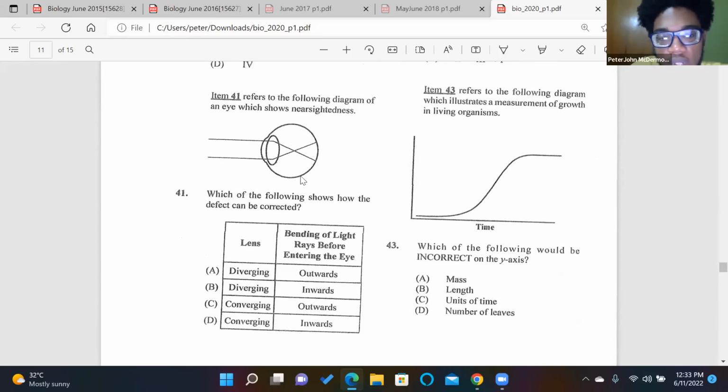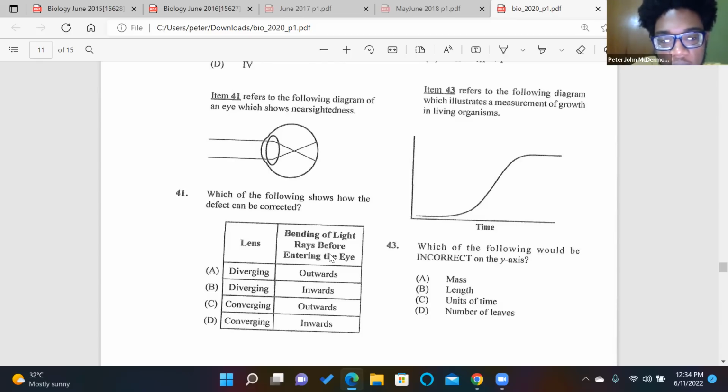What does this person have? What's their problem? Are they myopic or are they hypermetropic? Oh, it says it. They're nearsighted, so they're myopic. How do you fix nearsightedness? Divergent. Diverging, you sure it's not converging? You're correct. Converging would make the focal point narrow. So diverging, you need to make the focal point further back.